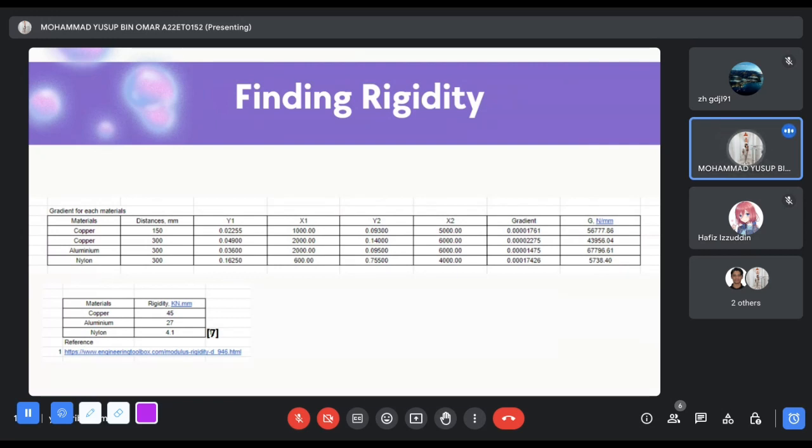After you find the gradient, you can find the rigidity of the material, which is 1 over gradient, so you can find the value of G. Then the small table here we use as our reference, based on a website that we found on the internet. We can see that copper has rigidity 45 kilonewton per mm squared, aluminum 27, and nylon 4.1.